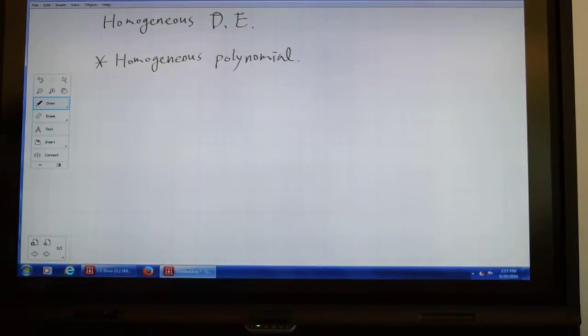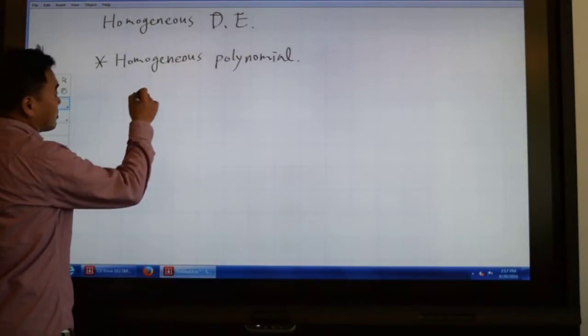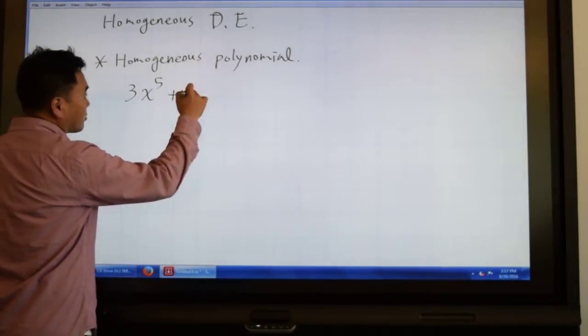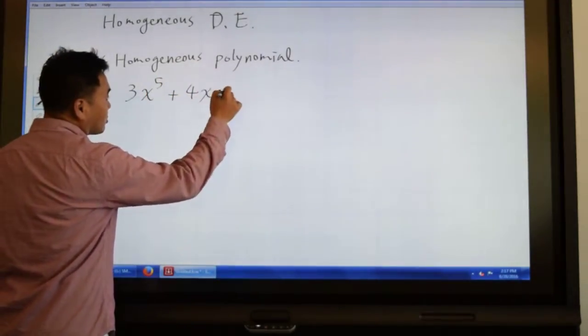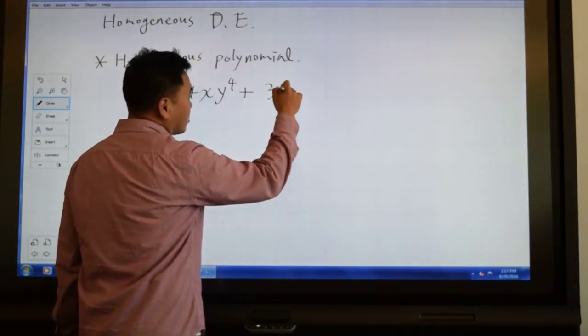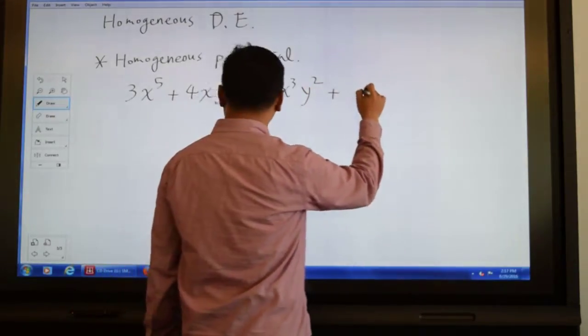These are polynomials where if you add the exponents of x and y, they always give you the same thing. So, for example, if you have 3x to the 5th plus 4xy to the 4th plus 3x cubed y squared plus y to the 5th.